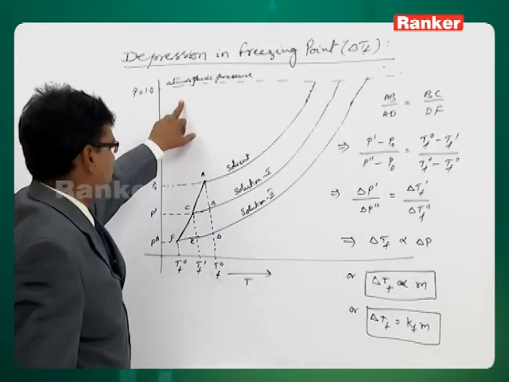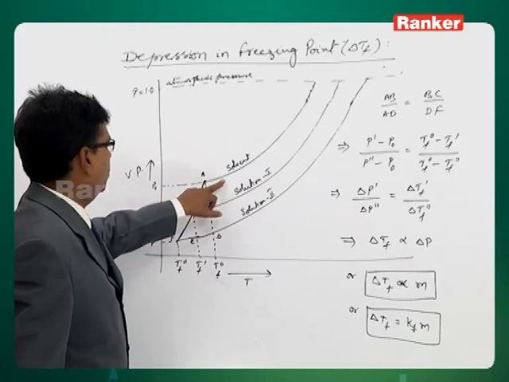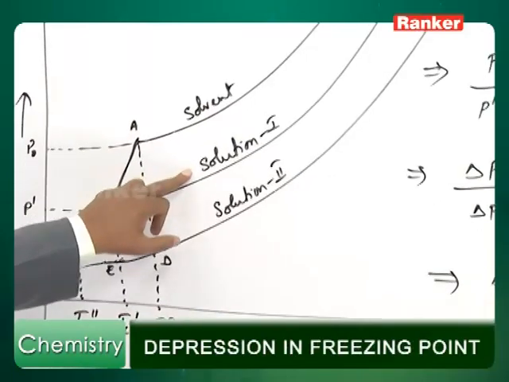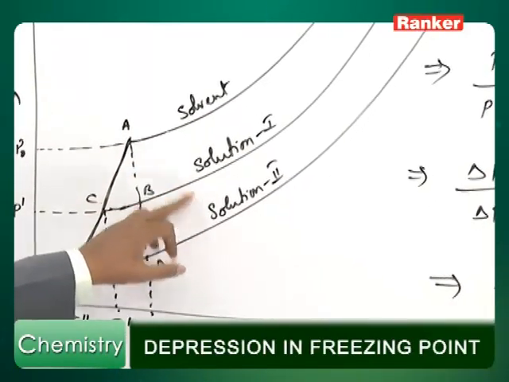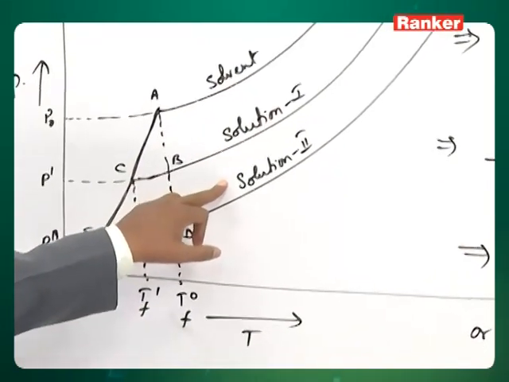As you can see over here, this is a curve that is drawn for vapor pressure versus temperature for a pure solvent. This is for solution 1, this is for solution 2. Again the solution 1 is less concentrated than the solution 2.